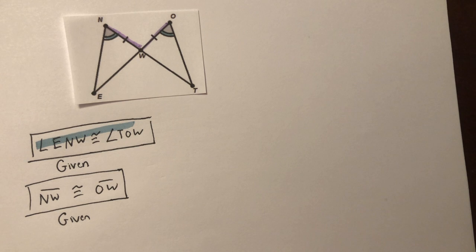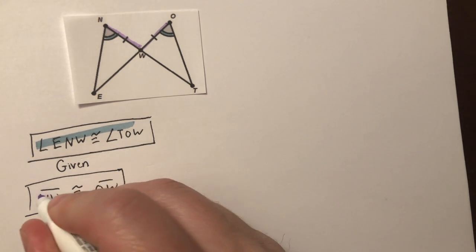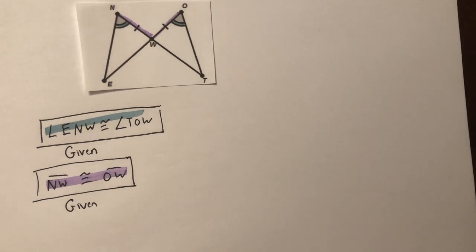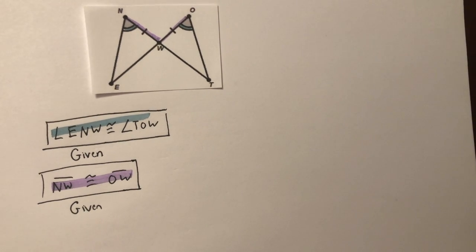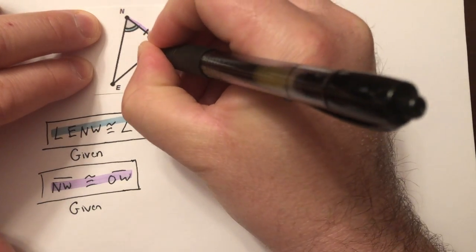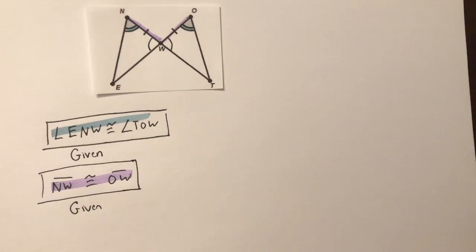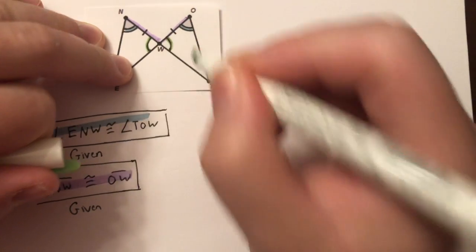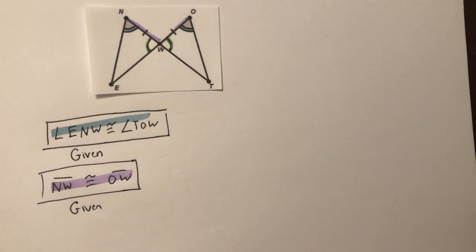Now there's another piece of information in here. It's not as obvious because it involves one of the key definitions and terms I mentioned at the beginning of the video. That is this angle here and this angle there. These two angles are congruent. So while I'm writing them down, think about why they might be congruent.